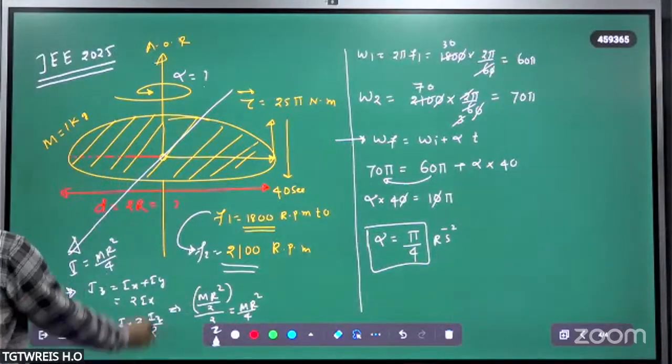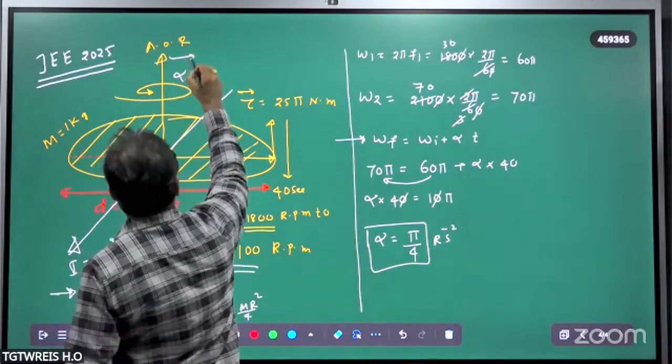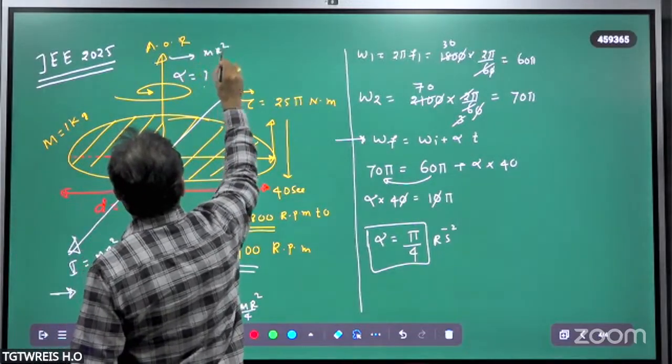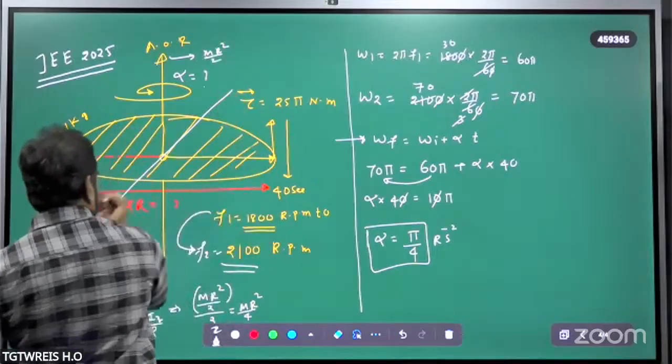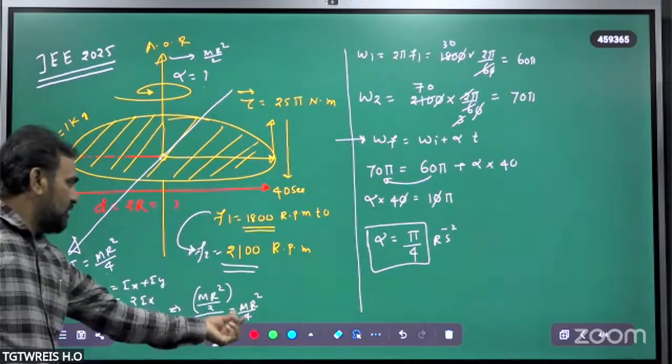About the central axis, the moment of inertia about the z axis is mr square by 2. Across the diameter, the moment of inertia would be equal to mr square by 4.